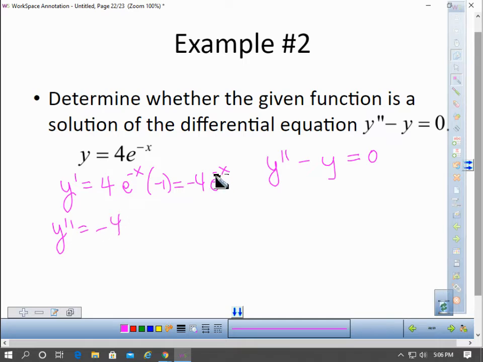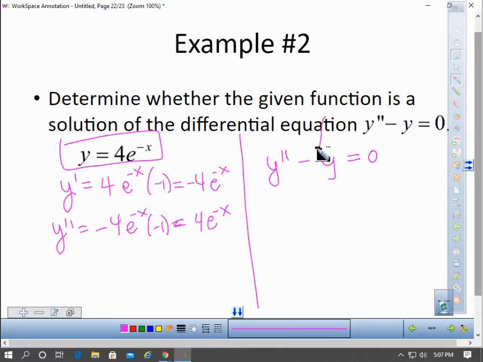The derivative of e to the negative x is e to the negative x, and then we chain on the derivative of our exponent, which is negative 1. In this case, negative 4 times negative 1 is positive 4e to the negative x. Now we're going to check, is this function a solution to this differential equation? Let's see if plugging in the parts does actually give us 0.